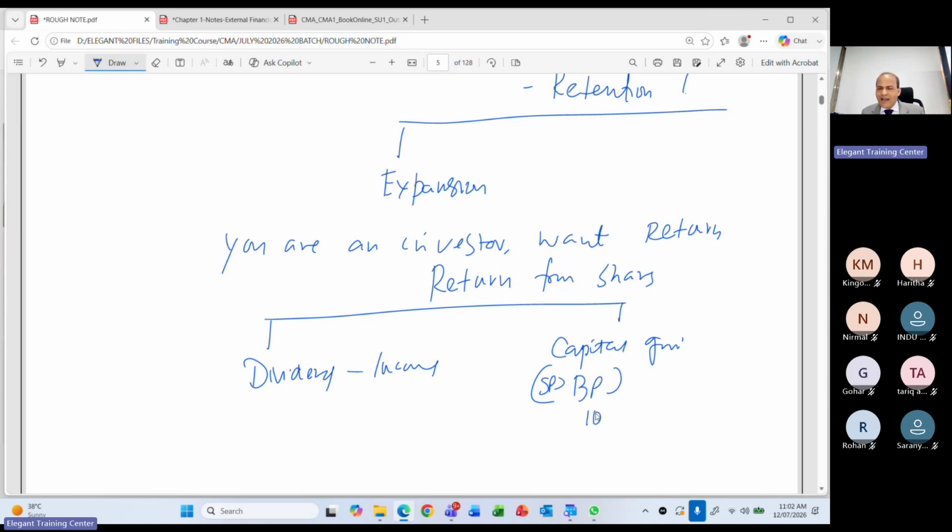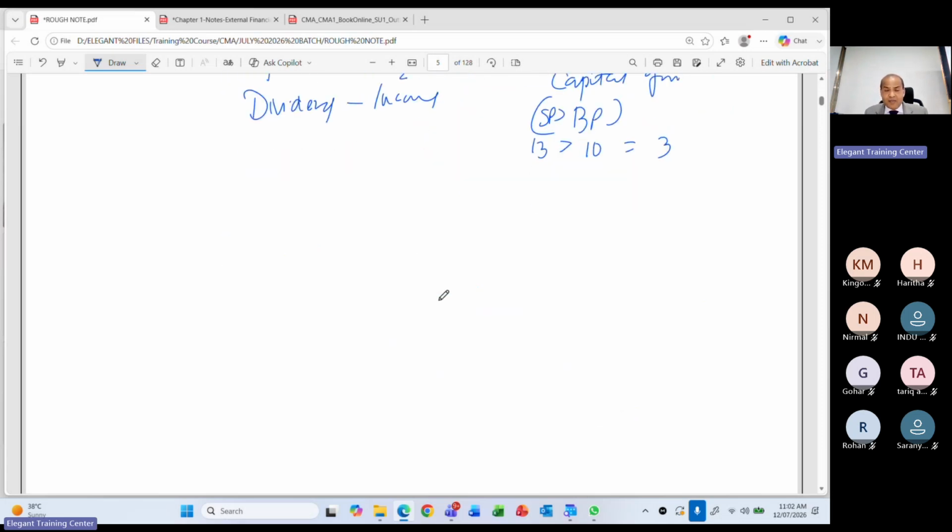You bought at 10 and sold at 13, so the capital gain is 3. Say you got 2 dirhams dividend and 3 dirhams capital gain. Now the total return is 5. Clear or not?